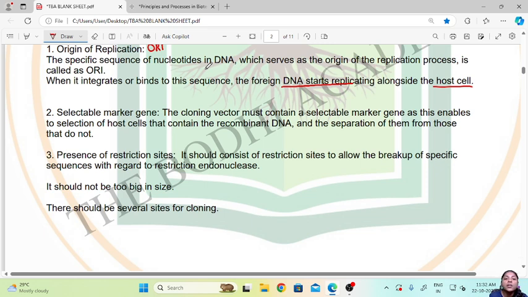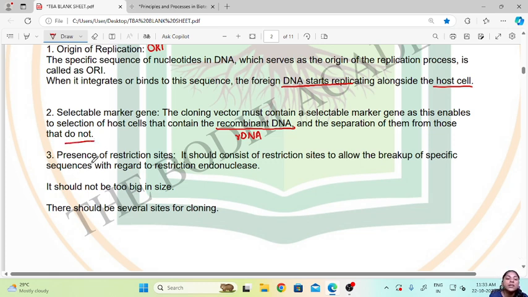The cloning vector must contain a selectable marker gene, as this enables the selection of the host cells which contain the recombinant DNA. It will help in identifying those host cells which contain the recombinant DNA, that is the rDNA, and separating them from those host cells which do not contain the rDNA.